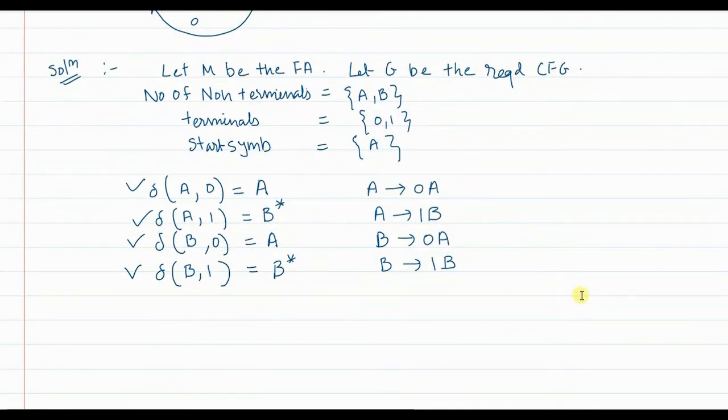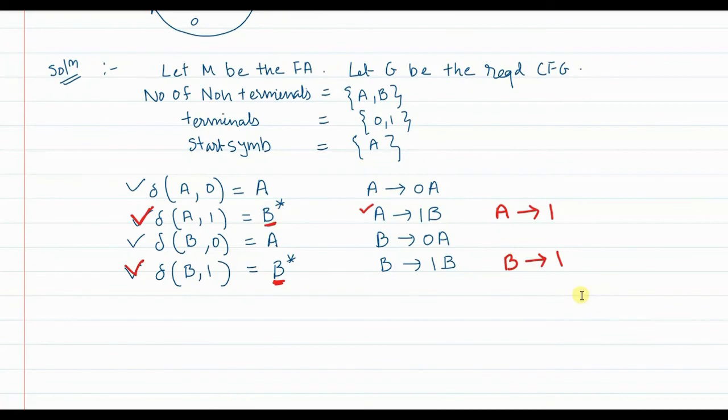If you consider this transition here, it leads you to the final state B. So along with this production, another production we will have to write, that is A gives 1. Similarly, if you see this transition here, then that also leads to the final state B. So you will have to introduce another production here, B gives 1.